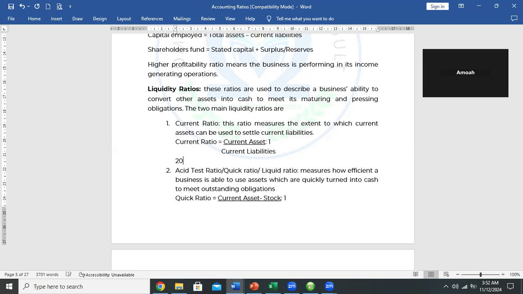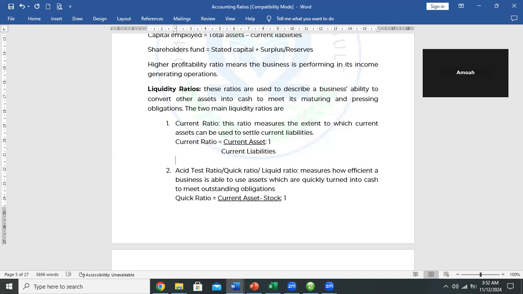If it is greater than or equal to 1, then we say the business is doing well in terms of converting other assets into cash to pay for liabilities. But if it is less than 1, then that business is not looking good. So we say that business is having liquidity issues.